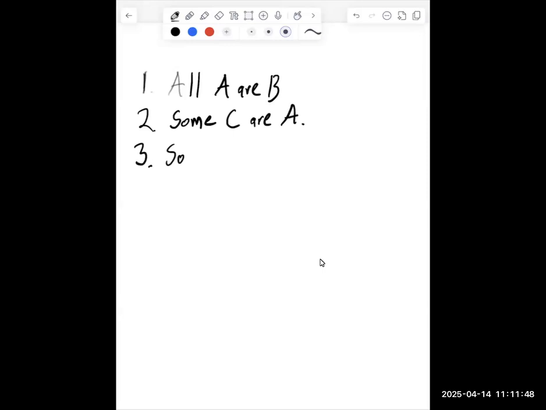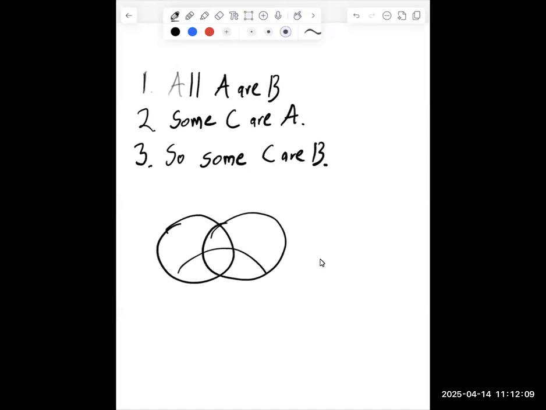Let's take an argument using some sum statements. So remember, we're going to set this up the same way we always do.